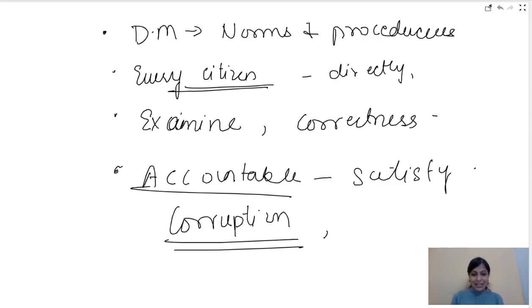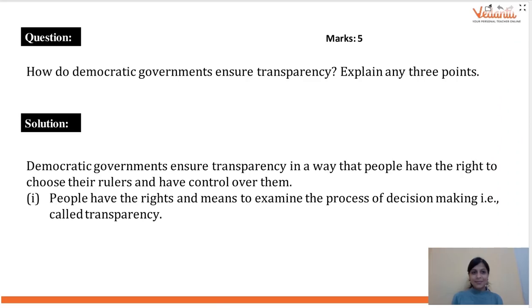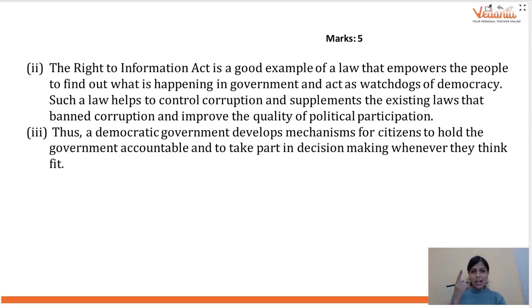Okay, so let's see what the answer is to this question. They ensure transparency because people have the right and means to examine the process of decision making. The way I told you, you can easily relate it with transparency, like, okay, did you take the right decision? You didn't allow me to go.